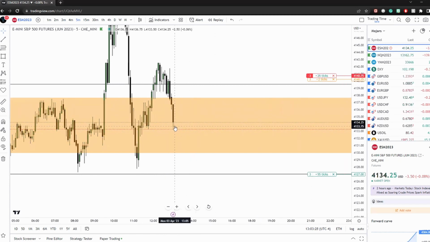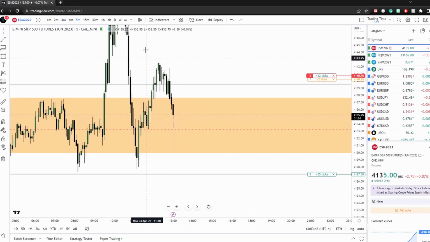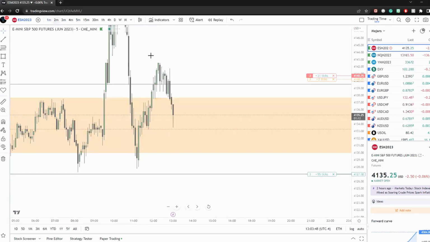So I meant closing half of my account because I couldn't close it in time. But let's get the last one, right? Move trade to break even. And move my trade to break even.